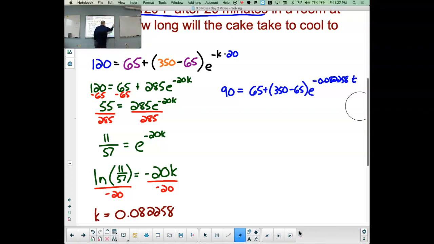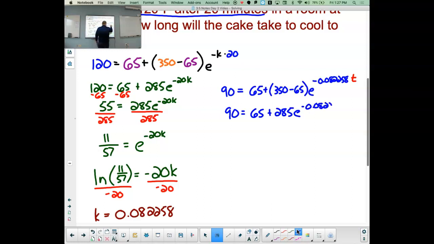And now we are going to solve for that t. So the math is going to basically be the same, but the numbers will change a little bit here. So this is 90 now equals 65 plus 285 e to the negative 0.082258 t power.